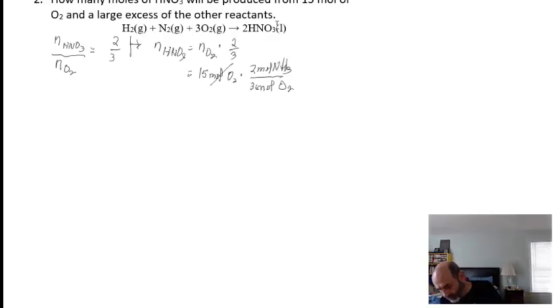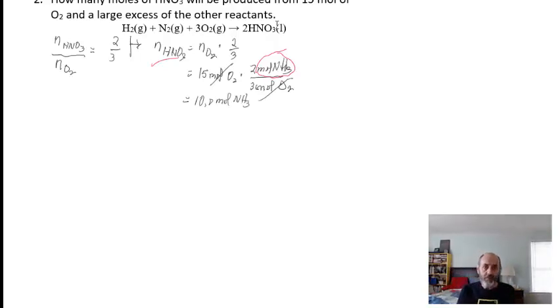So you can see the moles of O2 will cancel, and the units on the right side will be moles of HNO3, which is of course what you expect to have. So of course we can do the math for that, and you get 10.0 moles of HNO3.